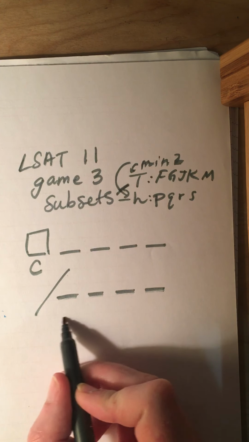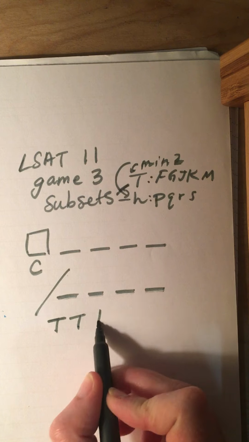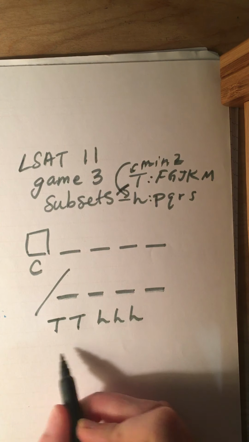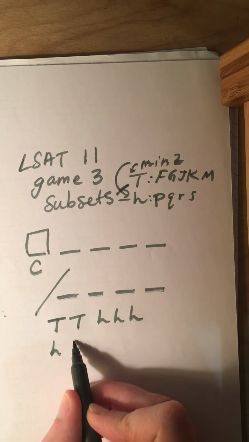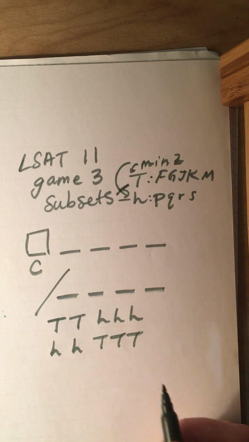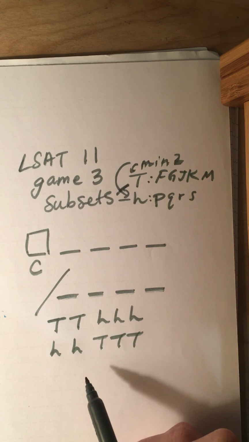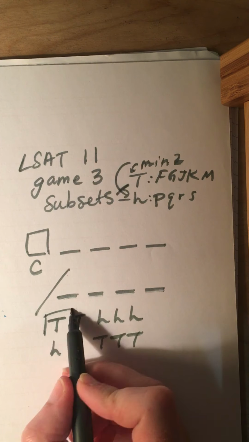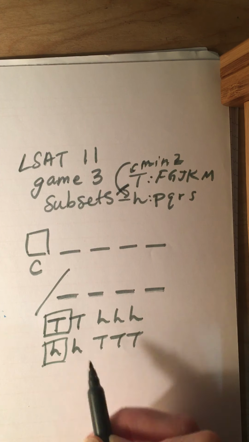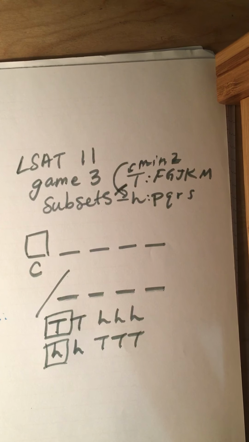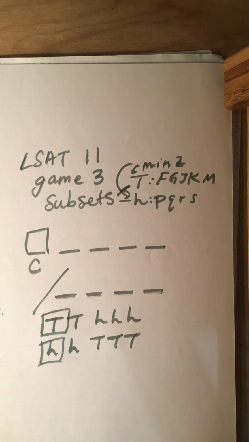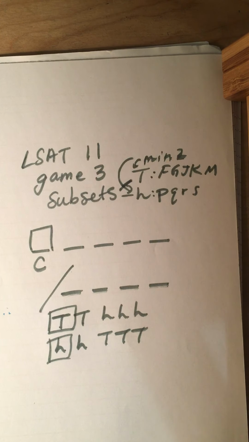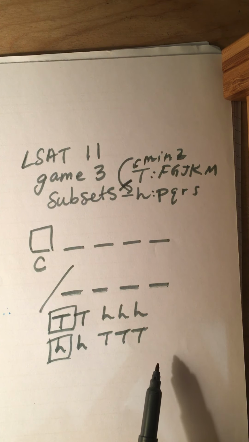So we're either going to have 2 tenants and 3 homeowners, or we're going to have 2 homeowners and 3 tenants. And in either of these cases, the group that has 2 members involved, one of them is going to be the chairperson. Okay, so I just messed up the screen a little bit there, sorry. So hopefully that makes sense.